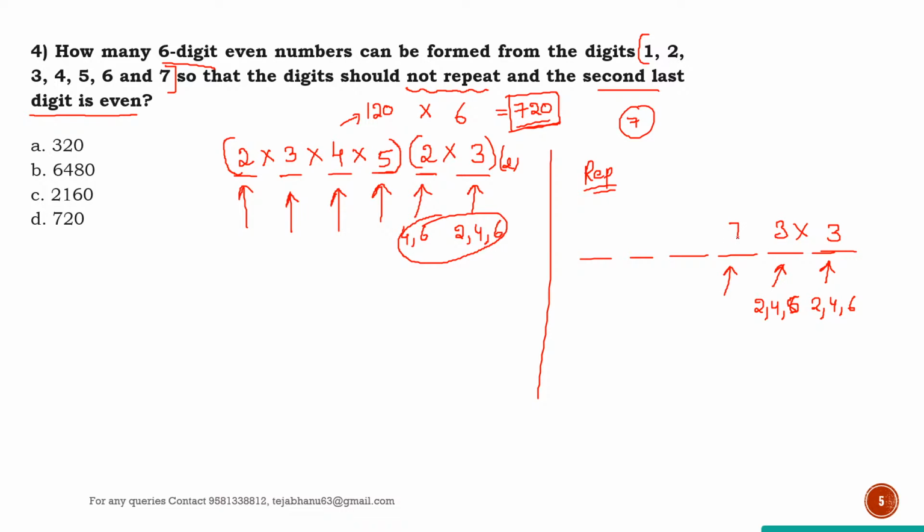So we have 7, 7 again, 7 again, and 7 again. Total it will become 7 power 4 into 3 square. These many numbers can be formed if the repetition is allowed.